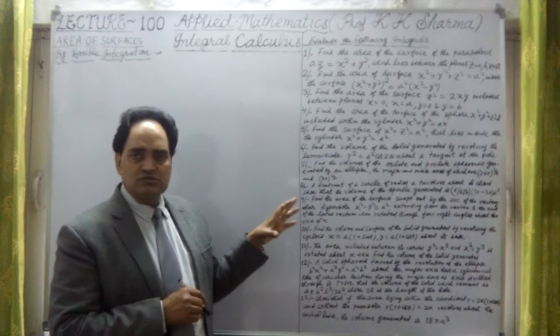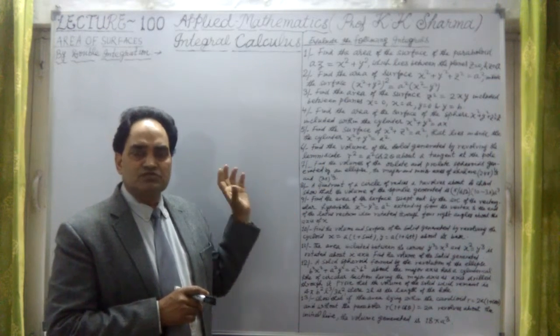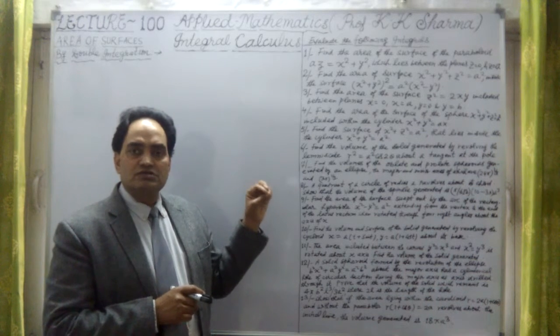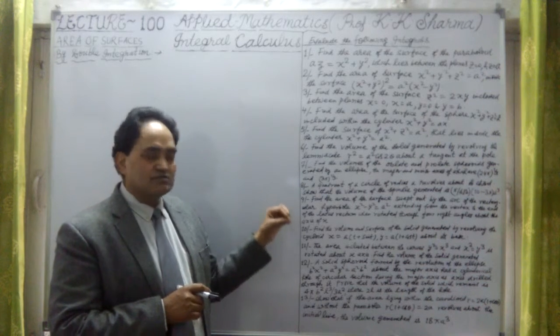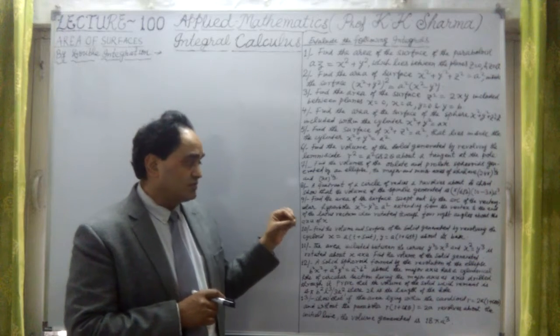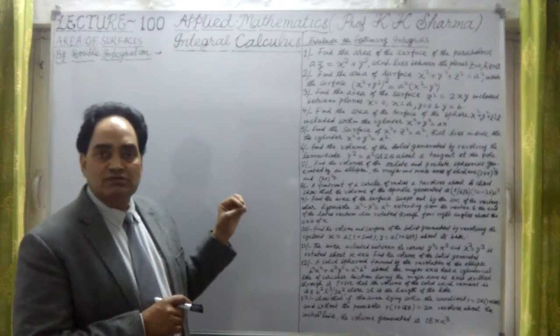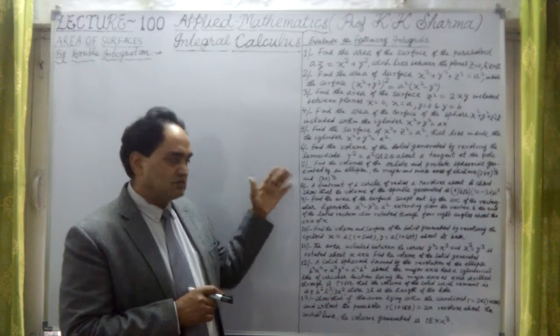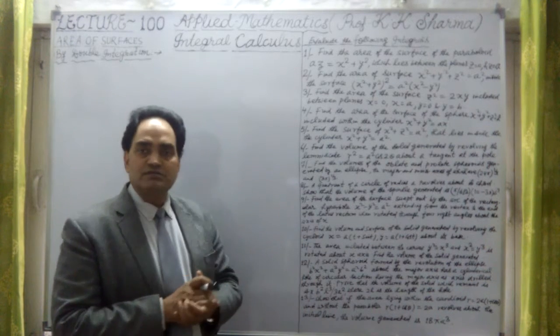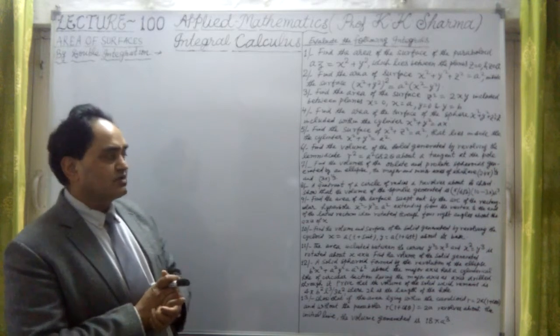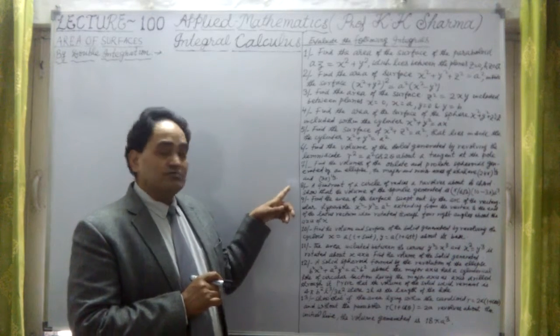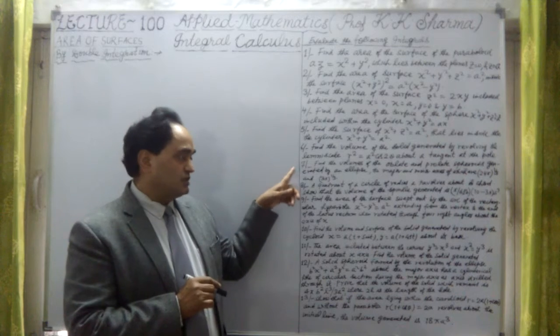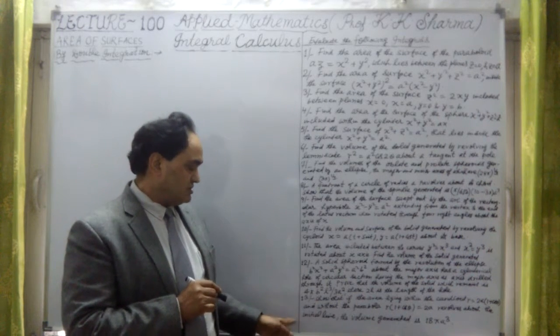I'll take some remaining questions based on volume of solids of revolution, or surfaces of revolution, that I have to discuss. Some questions are left over from the previous lecture series, so I'll take those. Some more questions were asked by the students, so I've taken them with volume of surface of revolution. That is question 6 onwards up to 13.